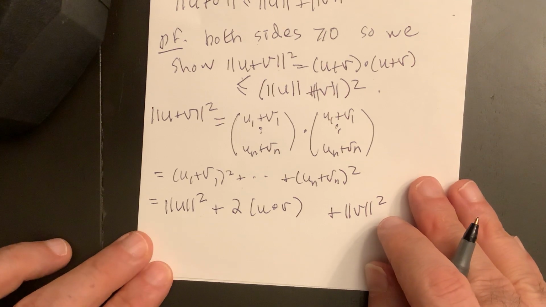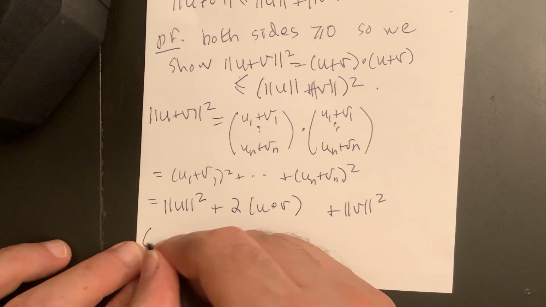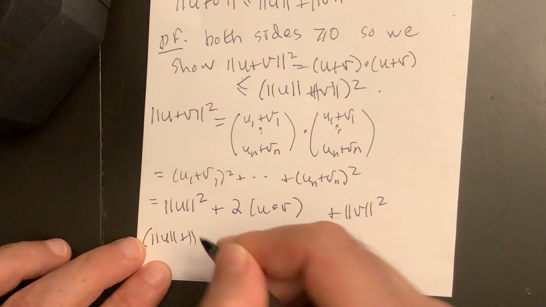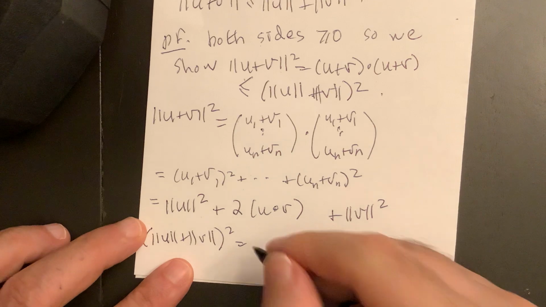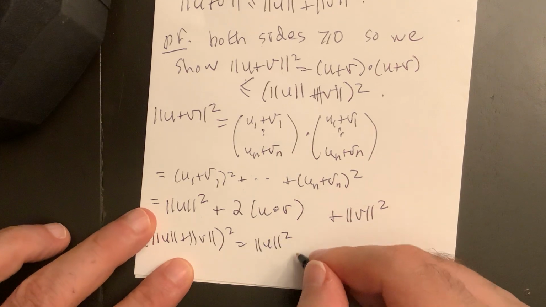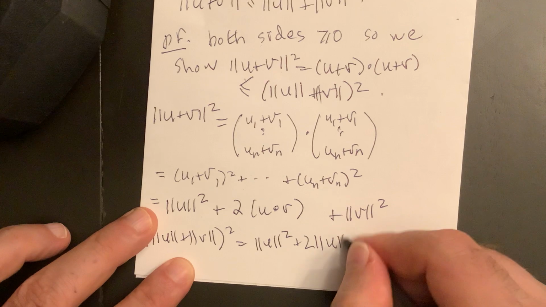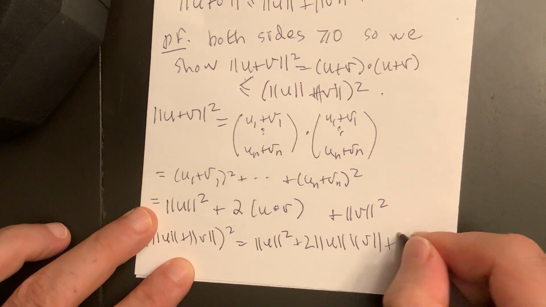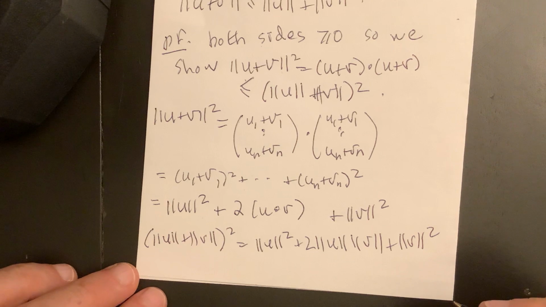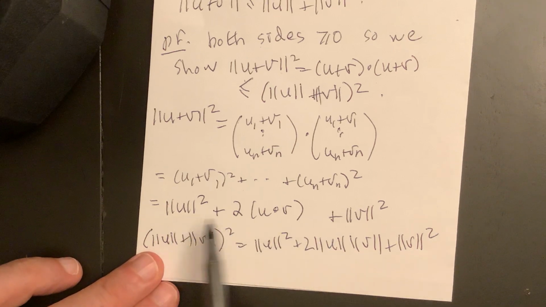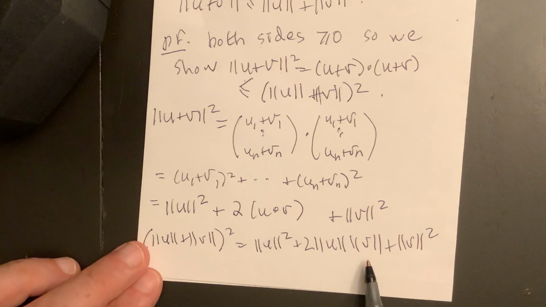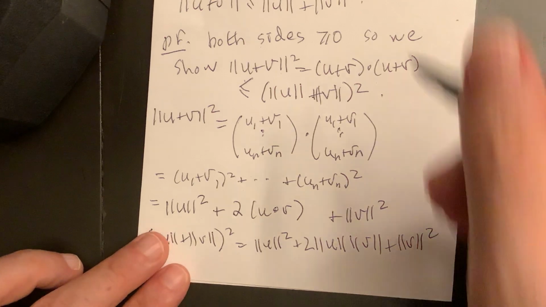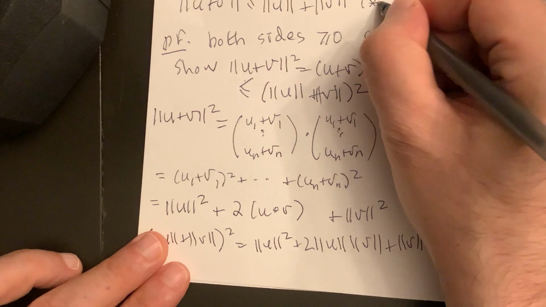Okay? Sorry. So that's equal to that. On the other side, we have the length of u plus the length of v, squared, which is equal to the length of u squared plus 2 times the length of u times the length of v plus the length of v squared. And so I'm trying to show that this is less than or equal to this. Let's call the triangle inequality star.